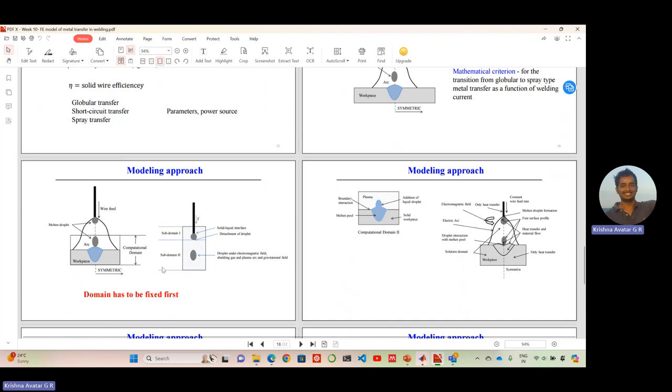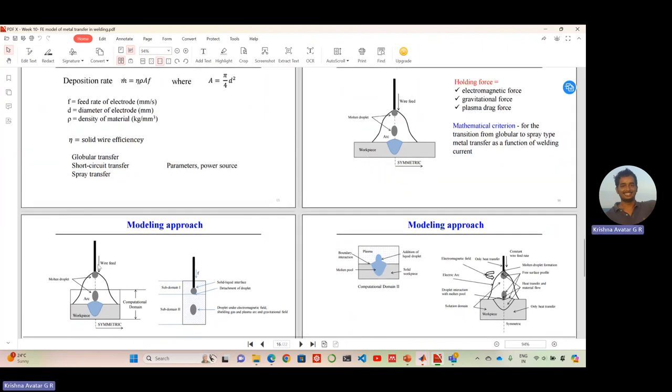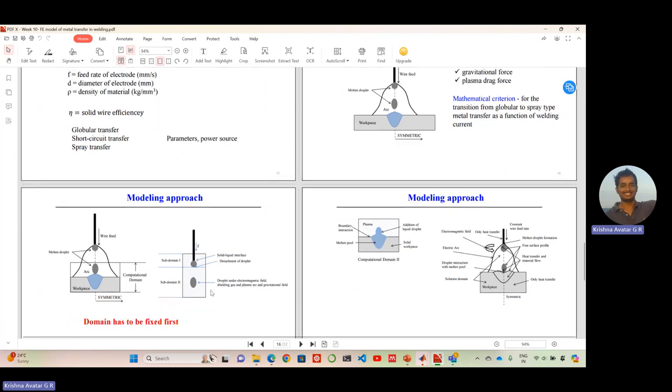Now let's come to how we model it. For the computational domain, we are only choosing one molten droplet and the region down to the workpiece. We can divide this computational domain into two subdomains.